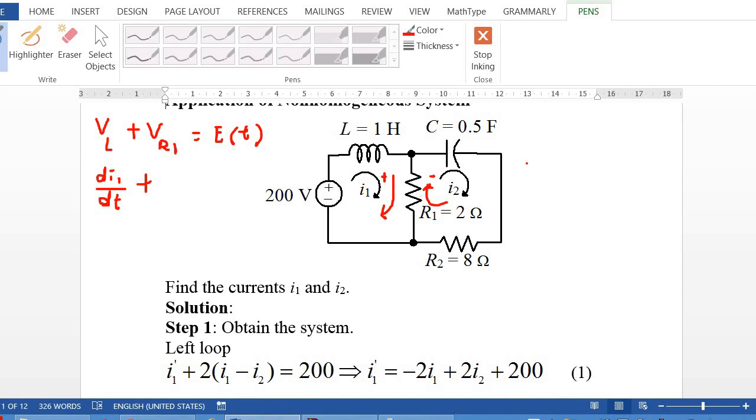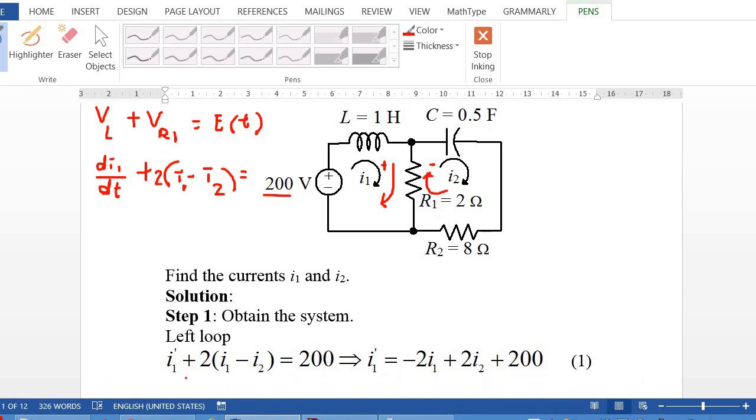The voltage across the resistor will be IR, where I here is I1 minus I2, multiplied by R, which is 2, equal to the supply voltage, 200. That's why we get the first equation: dI1/dt plus 2 times (I1 minus I2) equal to 200.